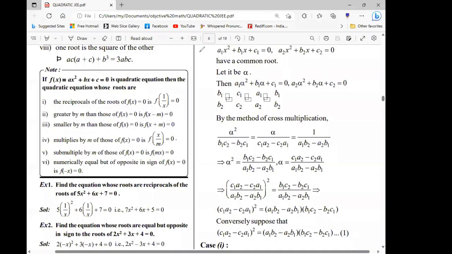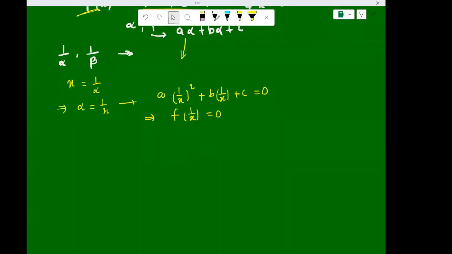Now, second point. If the roots are greater by m, then the equation is f of x minus m equal to 0. Let us do this. Suppose we already know that alpha is a root of f of x equal to 0. Now, what are the new roots?